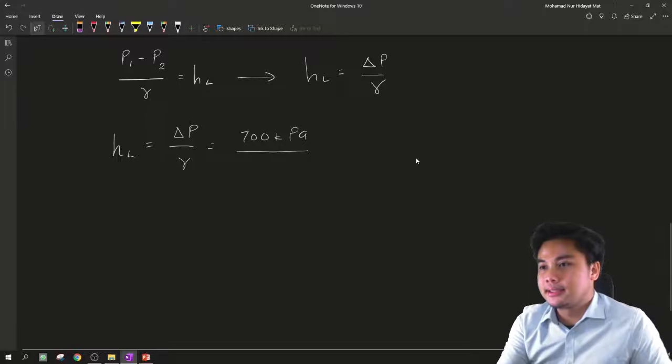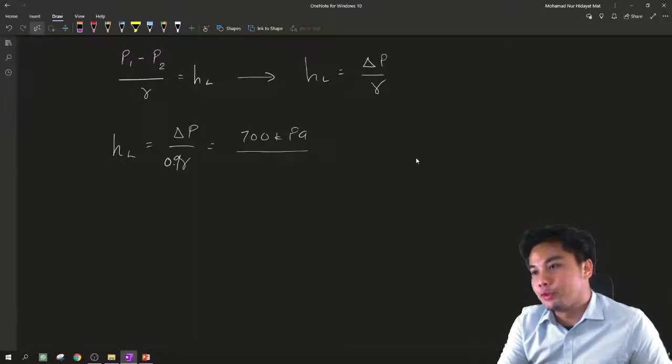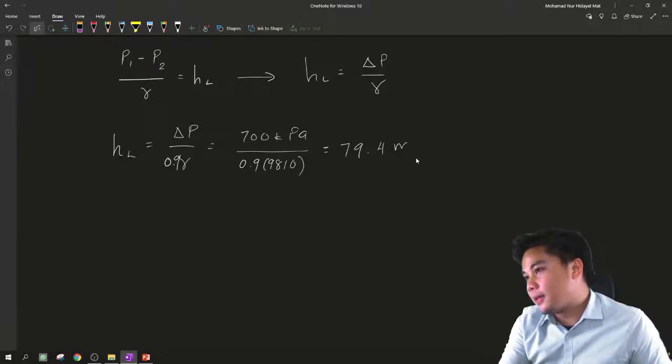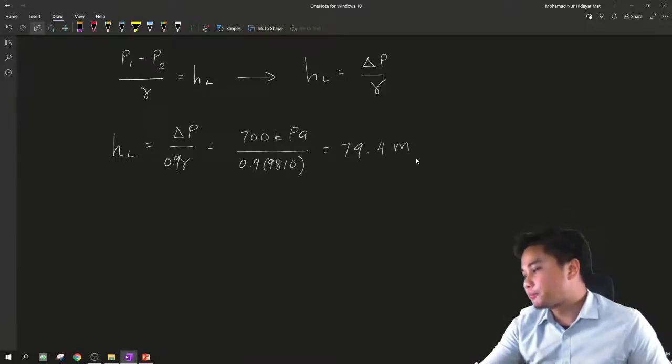So your gamma here must be multiplied by 0.9. So 700 kilopascal divided by 0.9 multiplied with the gamma, which is 9810. Alright, so you will get your answer to be 79.4 meter of heat loss.